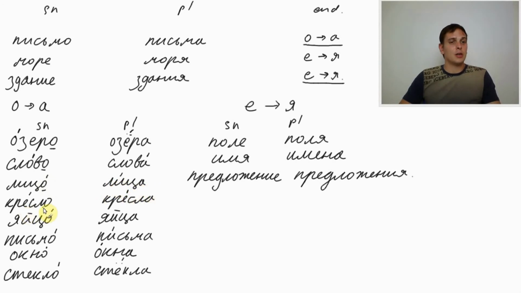Кресло, we replace O with A and we will get plural of armchair. Armchairs. Кресло, кресла. Яйцо, egg. Яйца, eggs. Письмо, letter. Письма, letters. Окно, window. Окна, windows. Стекло, glass. We replace O with A. Стекла, glasses.